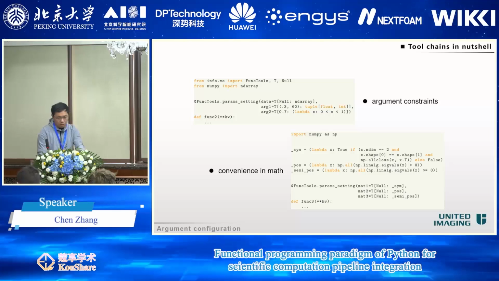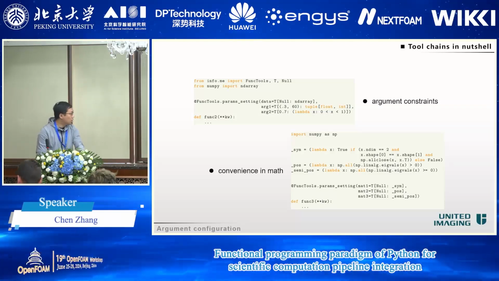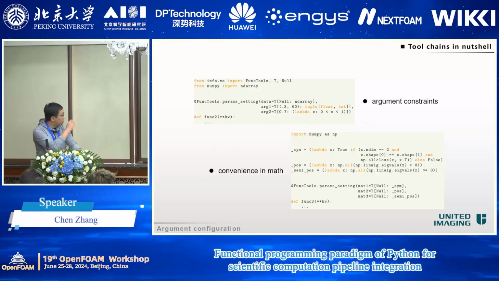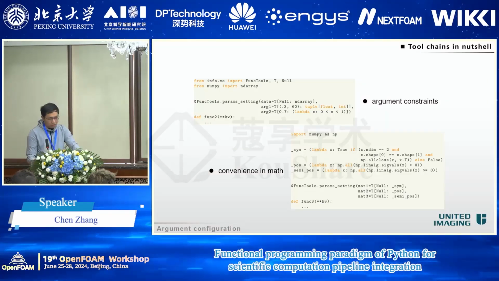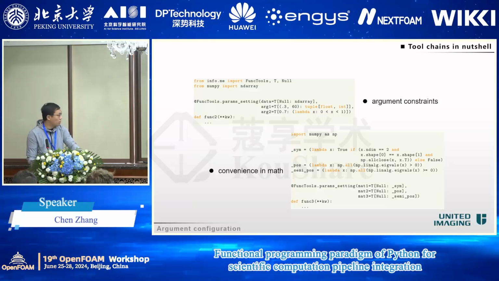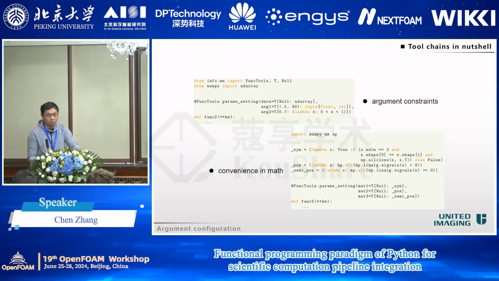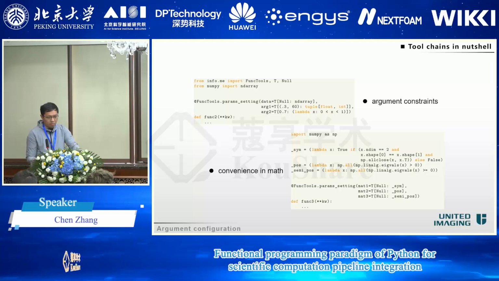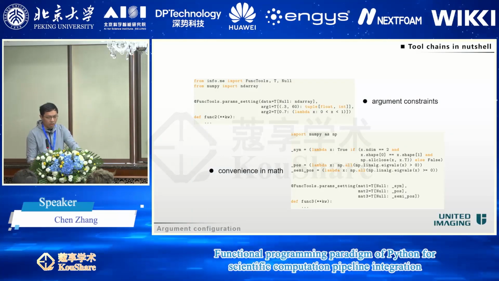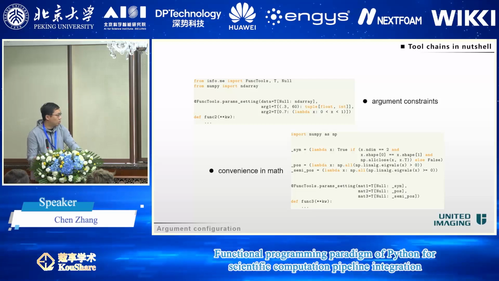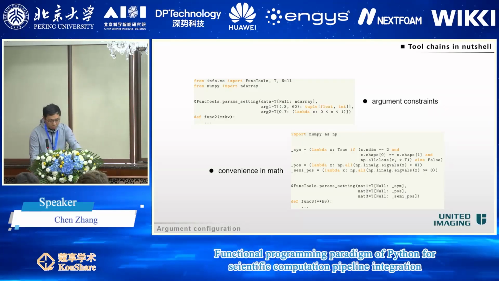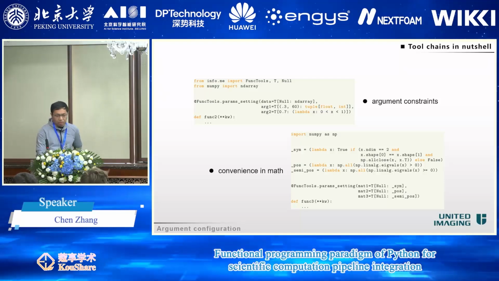And I will say the most interesting one is the last, the third one, because it is very useful in mathematical computation, because sometimes we want to get the data or argument with some property, like a matrix that is symmetric, or positive definite, or semi-positive definite.